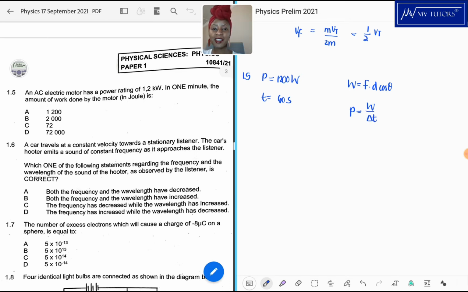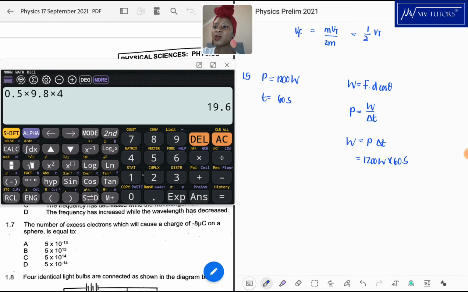As soon as you hear rate, you know there's a time factor in it. So we have power and time, and we can work out what work is. The power is 1,200 watts and the time is 60 seconds. So what would the answer be?